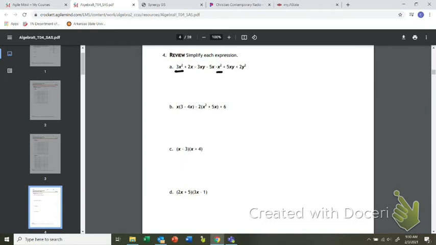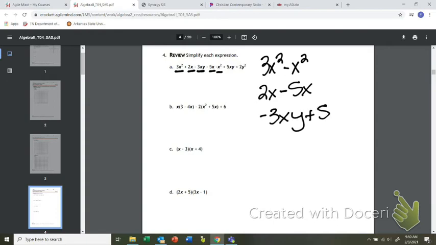All right, so we've got 3x squared minus x squared. All right, then we have a 2x minus a 5x. Then we have a negative 3xy and a positive 5xy. And then we have a 2y squared.